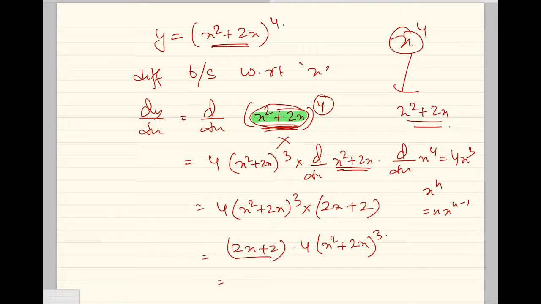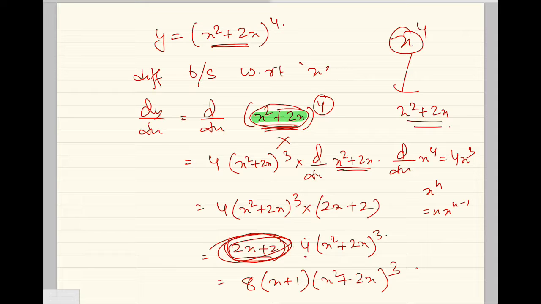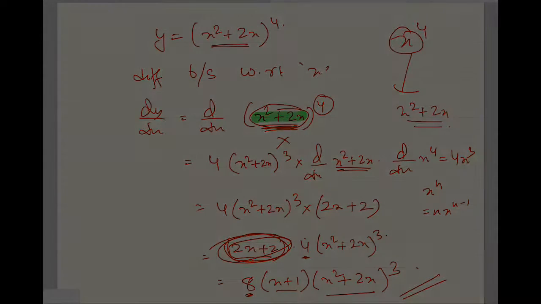A little rearrangement, take 2 common and multiply with 4. 2 will be out, 2 into 4, 8 ultimately, x plus 1 and x squared plus 2x whole cube. I repeat again, I have taken 2 common from here and multiplied with 4. 2, 4, 8, and then left over is x plus 1, x squared plus 2x whole cubed.